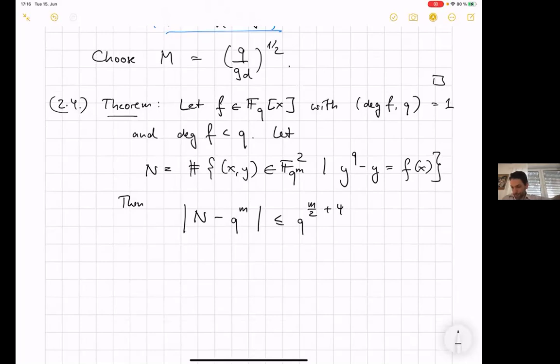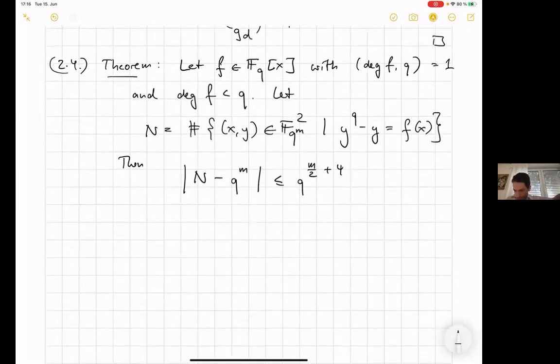If you start, say, with a prime field, q equals p, and then take a large extension field, in the large extension field the count is very accurate. If you're just counting in prime fields, it's not very accurate because the 4 kills it. Okay, and the proof is similar, and you can find this in chapter 1.9.